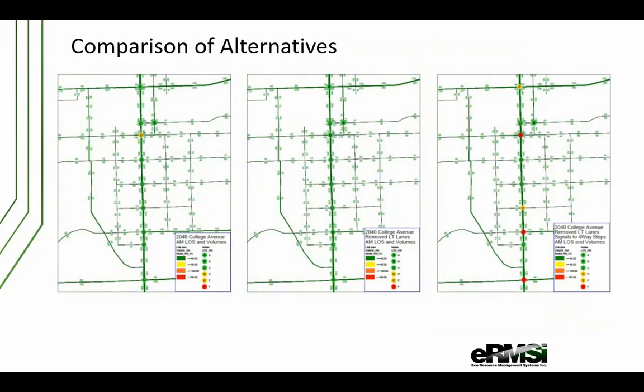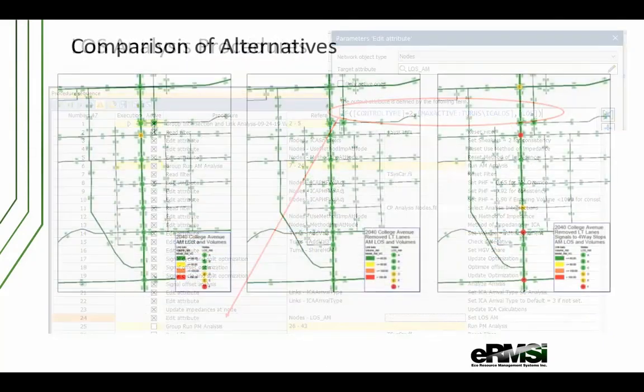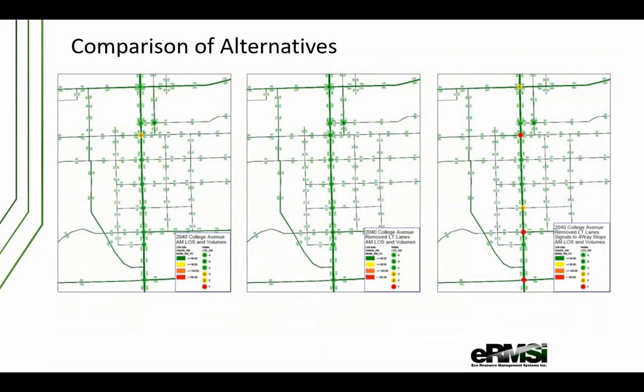I actually had not expected that. Excuse me, I meant to hit the arrow back up there. Okay, we actually improved operation in this corridor by removal of those left turn lanes at the intersections.